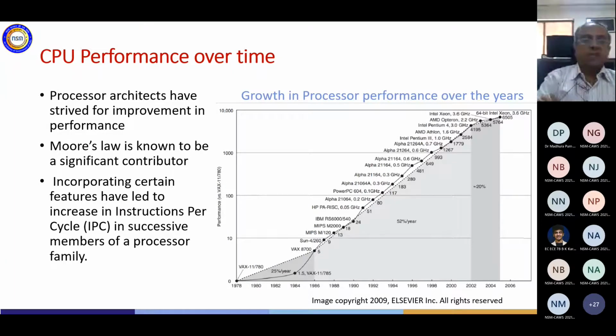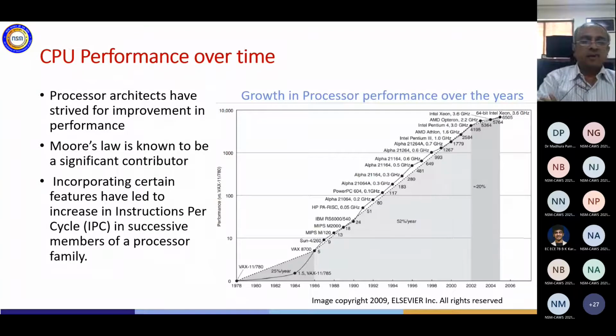However, as I have mentioned here, in successive members of a processor family, so that's one part. Many of you would have heard about what we call the x86 architecture. It began with 8086, then came 286, 386, 486, Pentium 2. These are the successive members of one processor family because the codes are backward compatible.